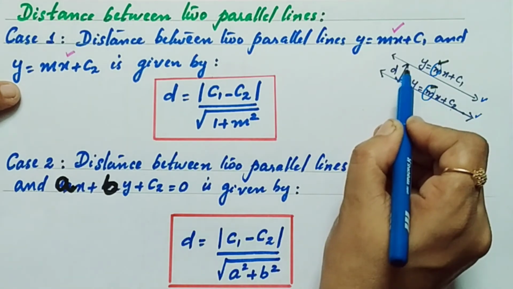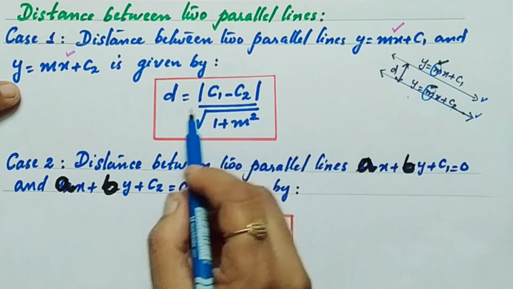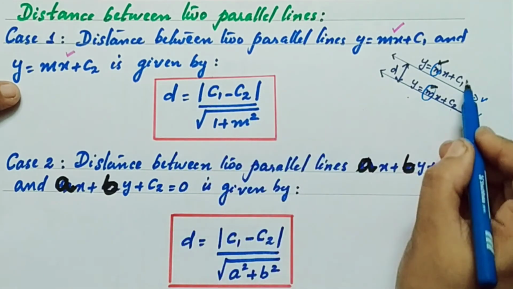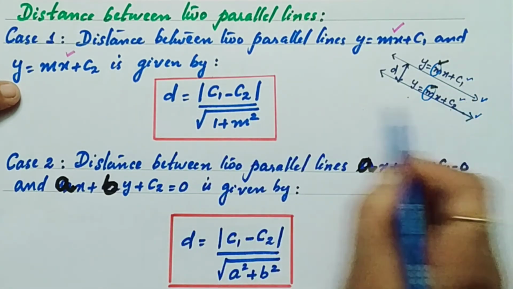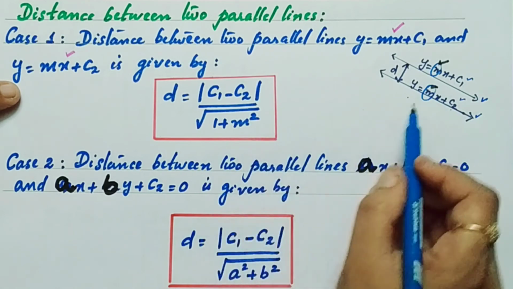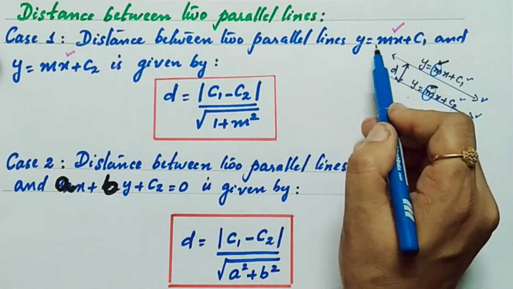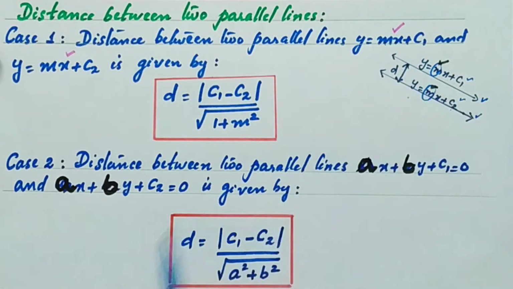If you want to find the distance between these two parallel lines, the formula is d equals absolute value of c1 minus c2 divided by root of 1 plus m square, where m is the slope of the line. This formula you can apply only if the lines are given in the slope-intercept form.